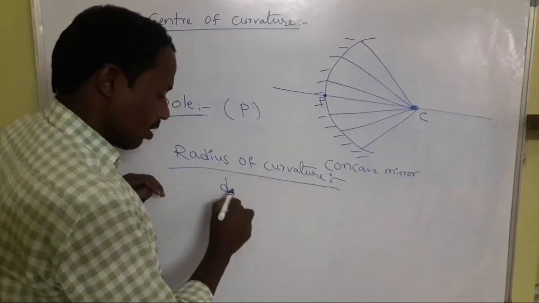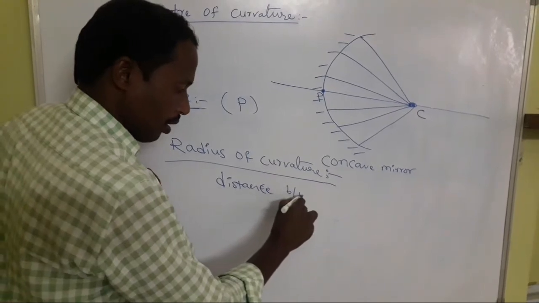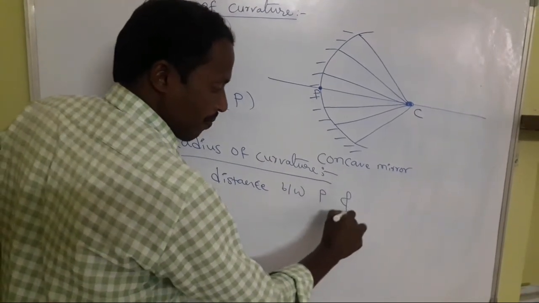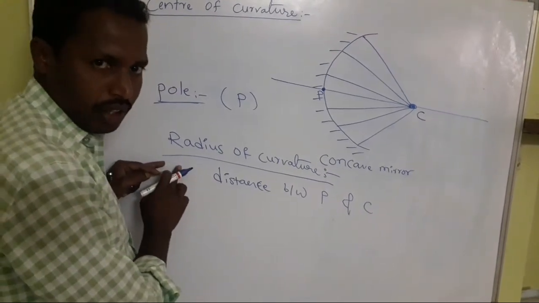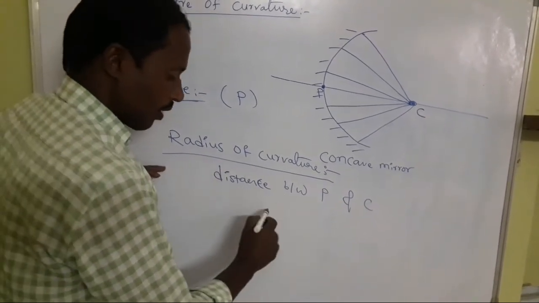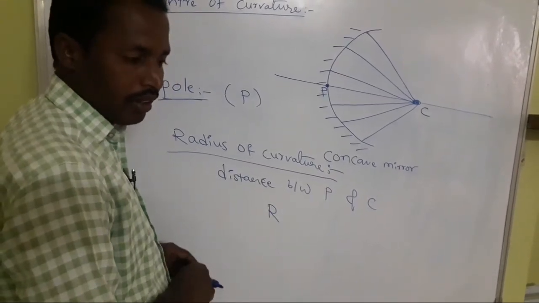The radius of curvature is denoted by capital R.